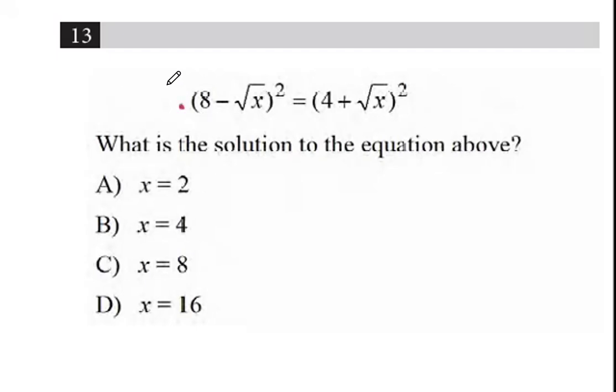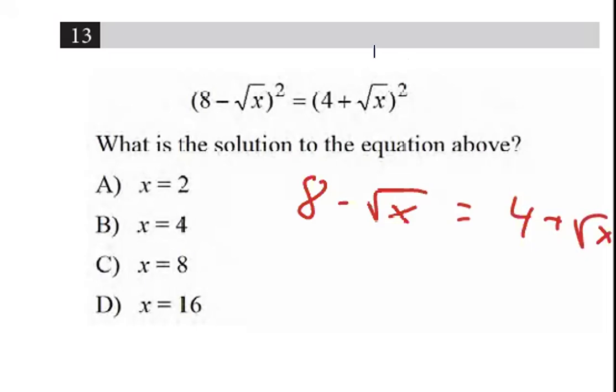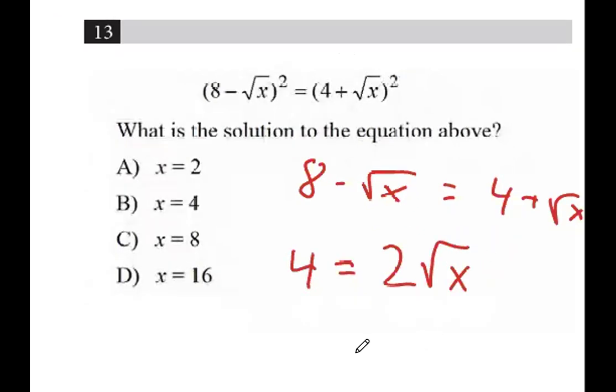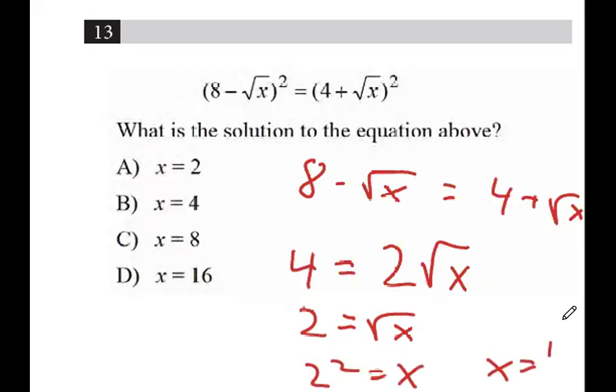Well, we can just simplify. Take the square root of both sides to get rid of the squared, which would just get us 8 minus root x equals 4 plus root x. Then you just solve for x, so subtract 4 from both sides, that gets us 4 equals, add root x to both sides, that gets us 2 root x. And then divide both sides by 2, you get 2 equals root x. Square both sides, you get 2 squared equals x. x equals 4. So the correct answer is B.